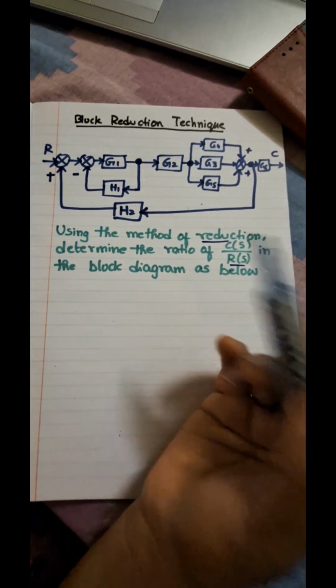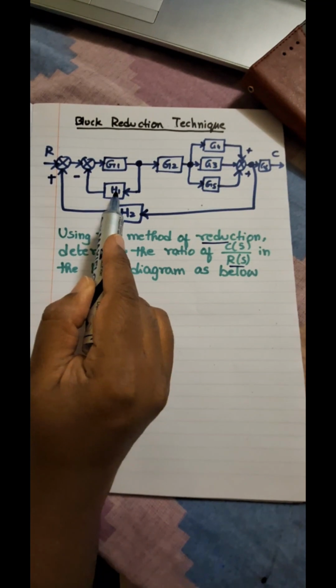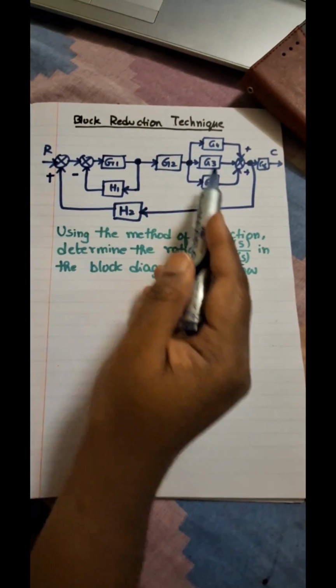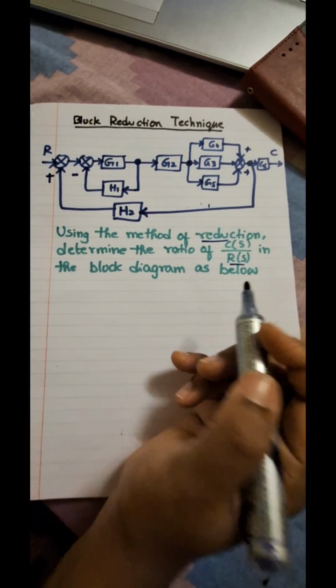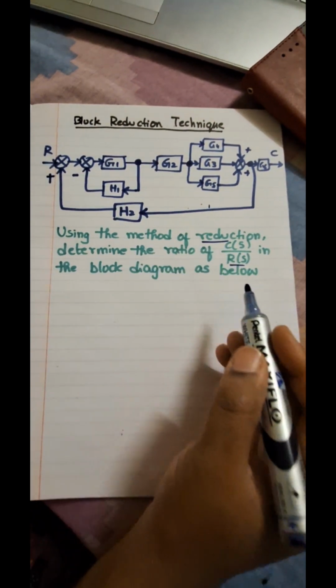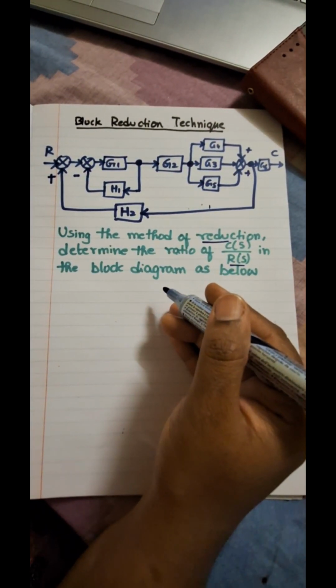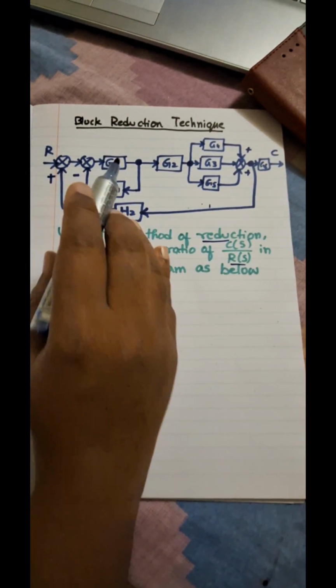Remember again, R means R of S, G1 means G1 of S, H1 means H1 of S, H2 means H2 of S. Like that, everything is of S. So even in the exam, you should write it as of S. Never forget. But here, for the solution to be easy and for better understanding, I am showing it as G1, H1, H2.